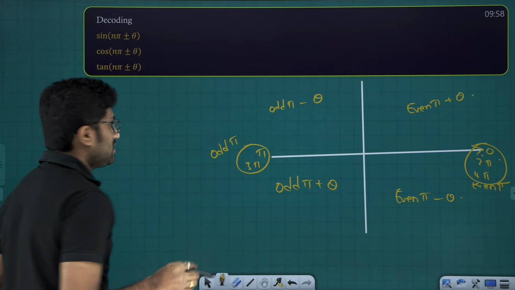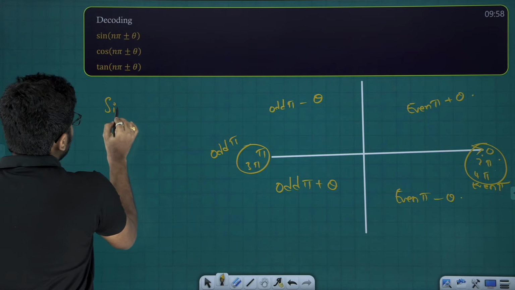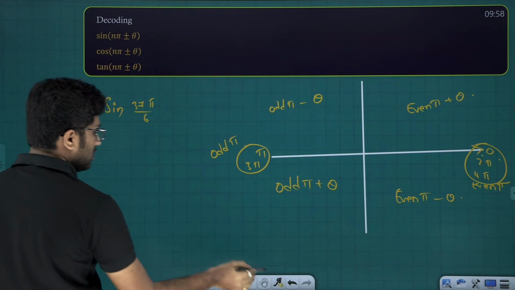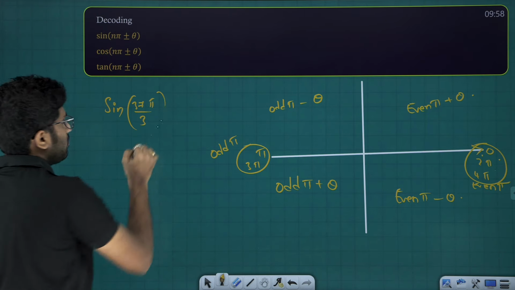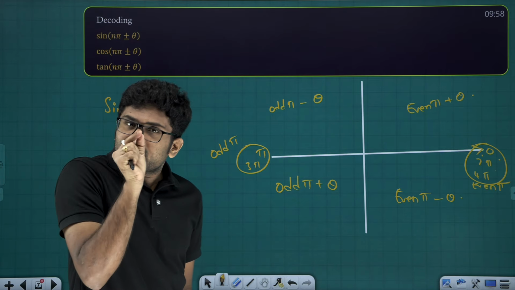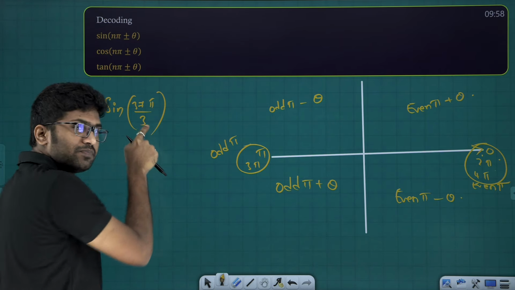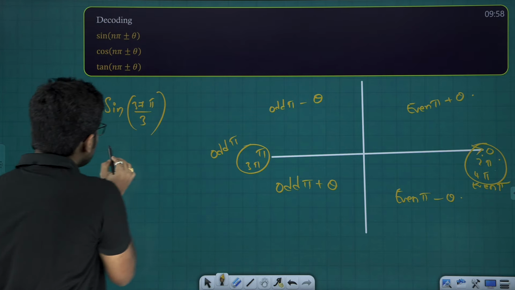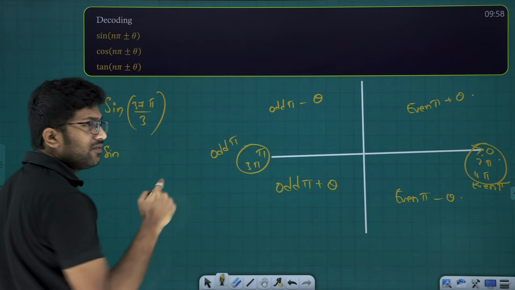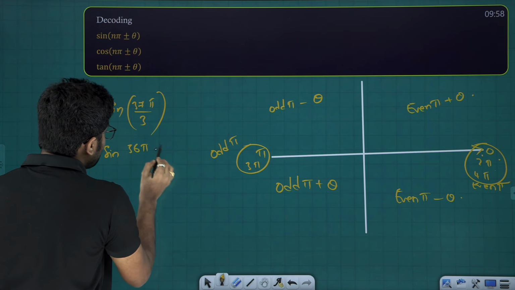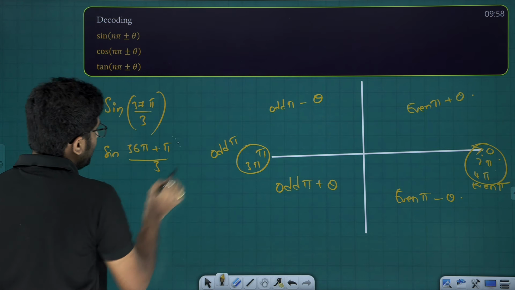Now by using this, suppose you see sine of 37 pi by 3. By using this decoding, the nearest multiple of 3 near 37 is 36. So we can write 37 pi by 3 as 36 pi plus pi, whole divided by 3.